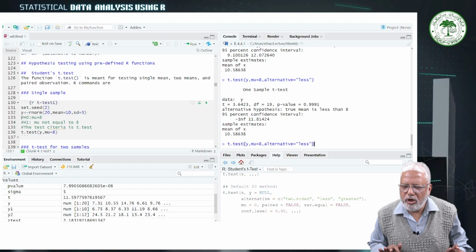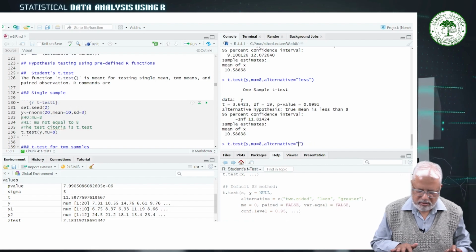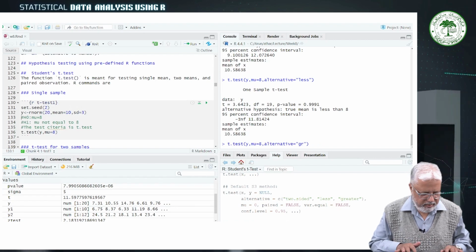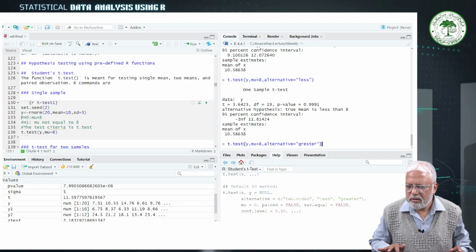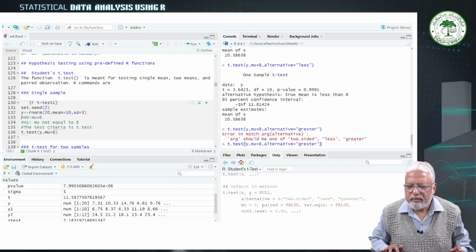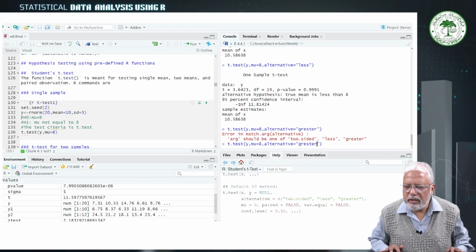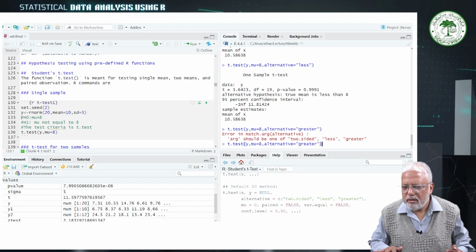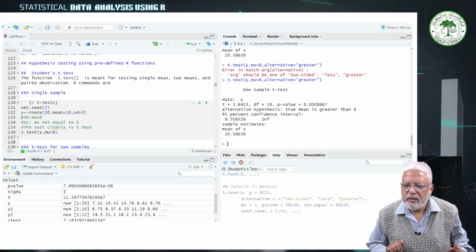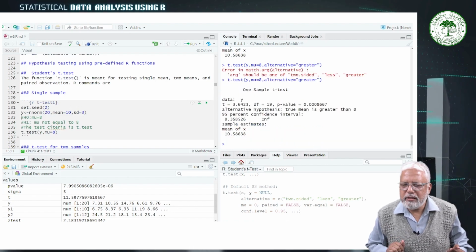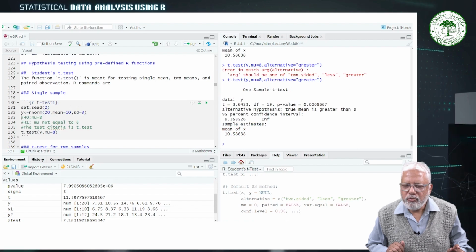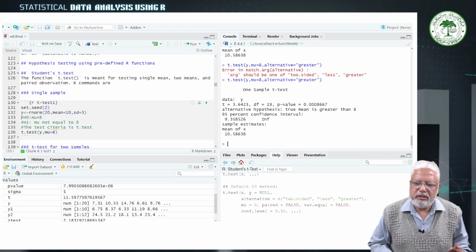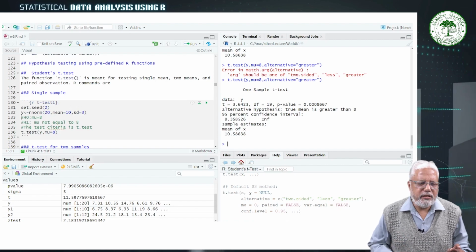And if we talk of greater, G-R-E-A-T-E-R, greater, then the p value is 0.0086 and it is being rejected. So this is the effect of the alternative hypothesis.